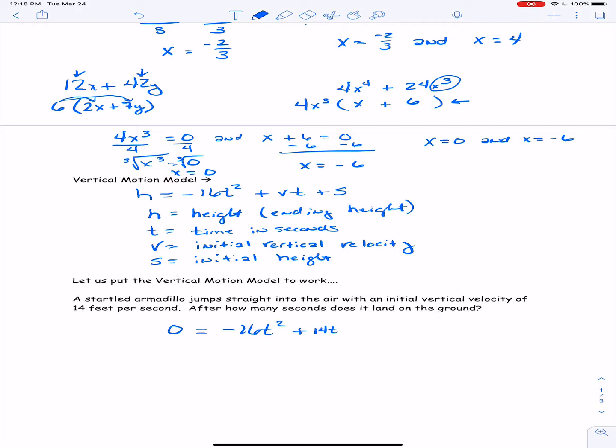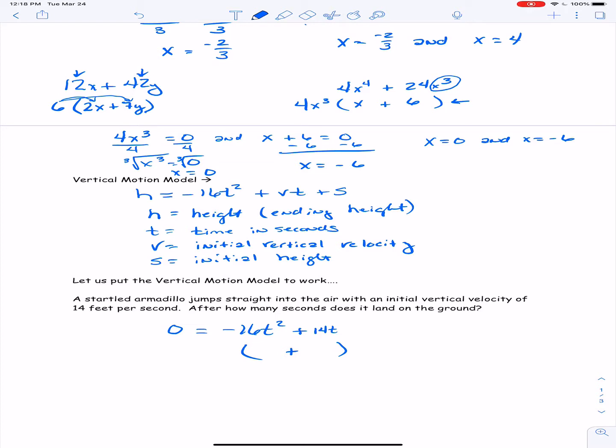So we need to figure out how much time it took the armadillo to land back on the ground once it was startled. So now I can't solve this right now without factoring it first. So I'm going to factor this. I'm going to ask myself, what can I take out of this equation to make it work? So let's bring down my plus sign.